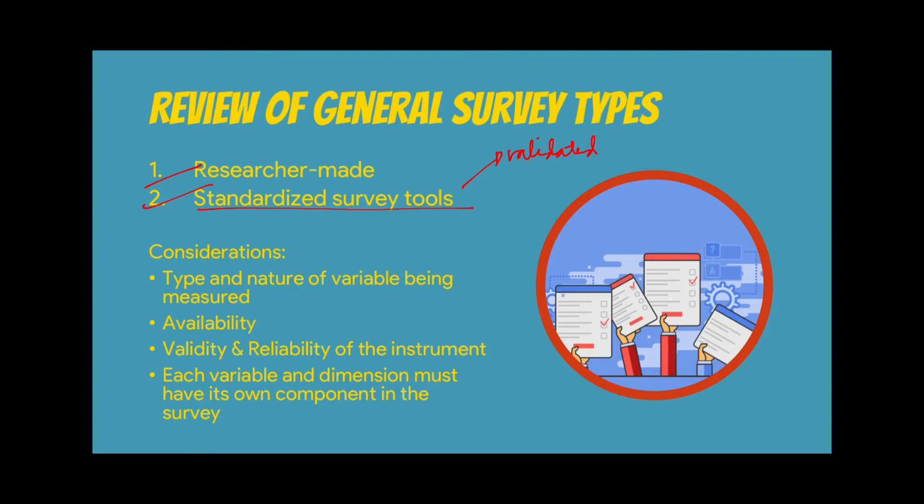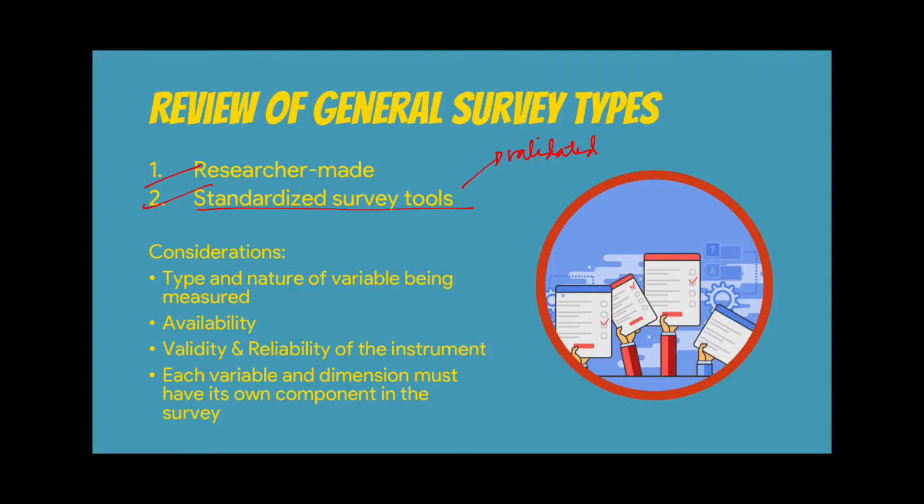Especially if our variables are psychological or social in nature, it's important that the questions or items found in the survey tools are already validated and reliable. This is to make sure that, unlike the defective blood pressure cuff, our survey tools are correctly made, validated, reliable, and able to really measure what they are supposed to measure.